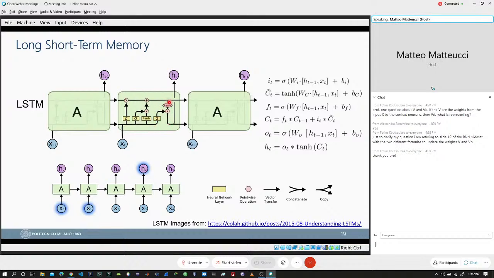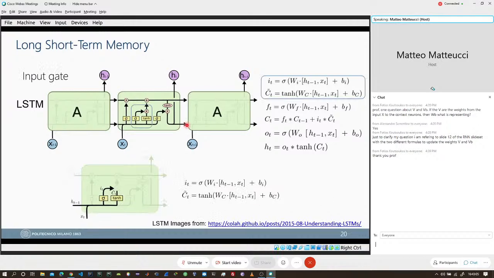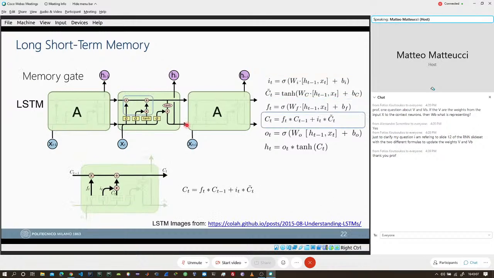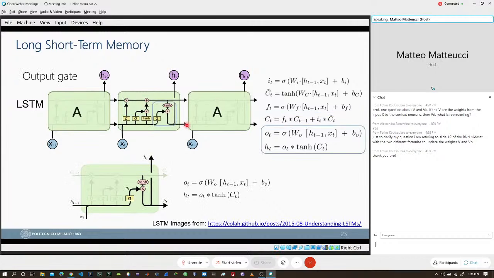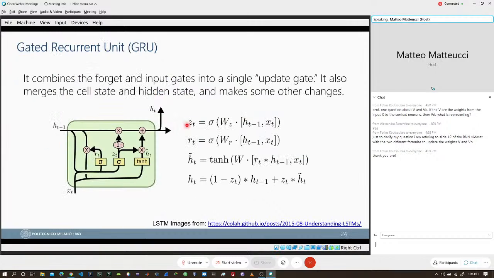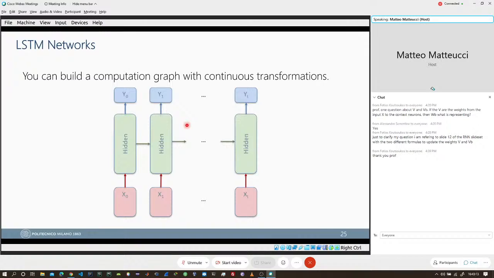It must be noticed that the output is fed back into the network, so you have these two inputs. One is the input X, the other one is the previous output of the network, which is a function of the current state.